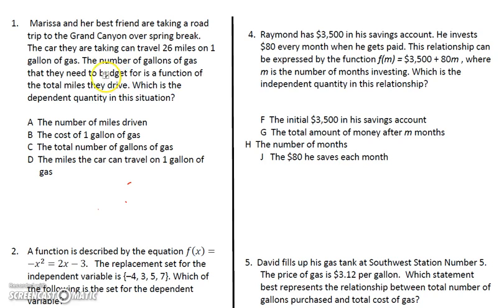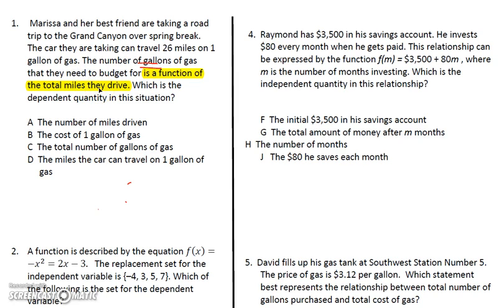It says that the number of gallons of gas that they need to budget for is a function of the total miles they drive. So that is my information that is very important. Now, what does that mean? Well, we know the word is means equals, right? So is a function of the total miles they drive.